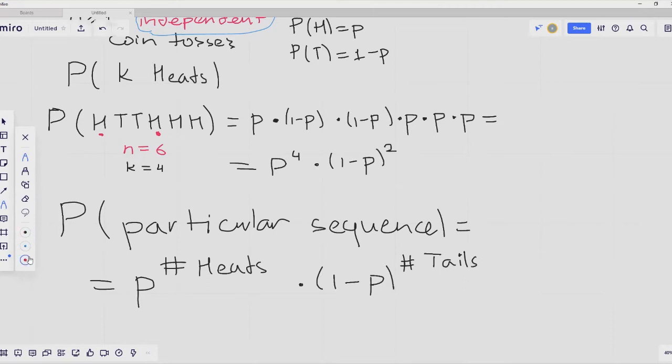So each time when we have tails appearing in our sequence, it is going to contribute a factor of 1 minus p.